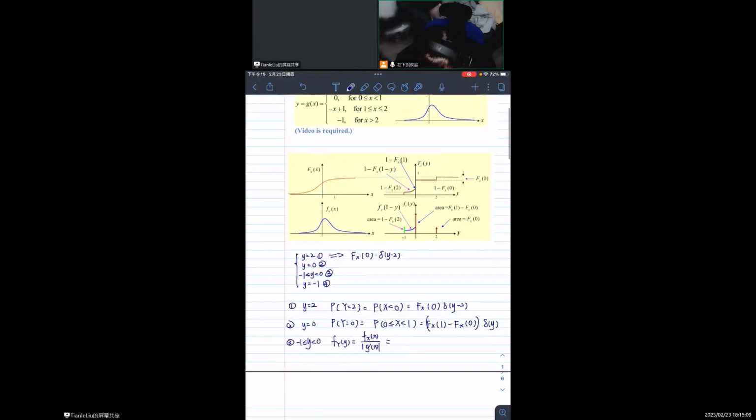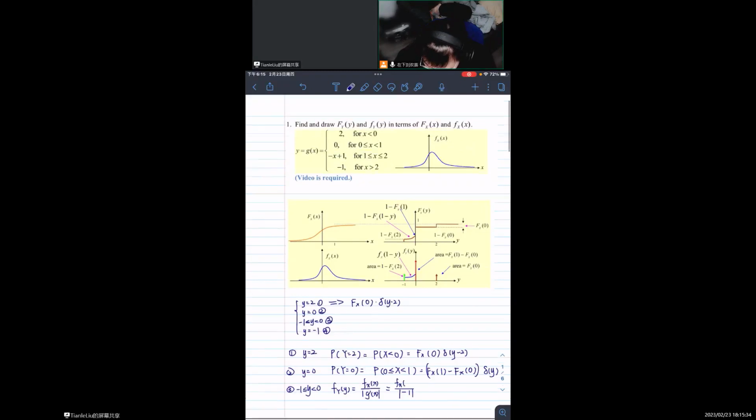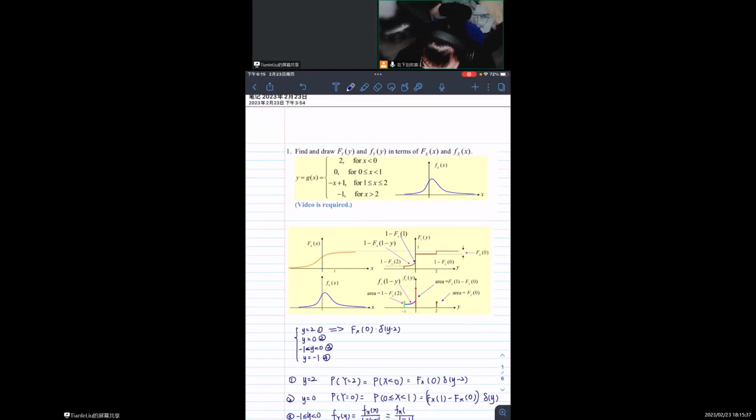The derivative of g(x) for this one is -1, because we have minus x plus 1, which is -1 in the absolute bars. And f_X will be f_X, since for this problem we have to find it in terms of x, the probability function and the density function of x.